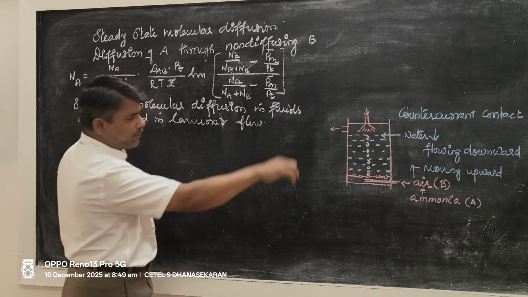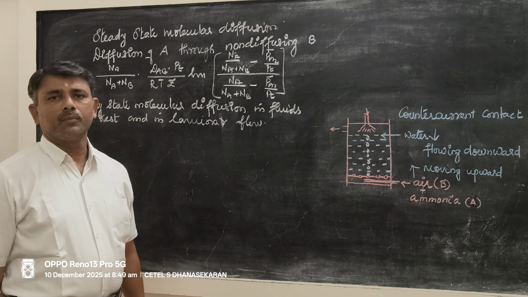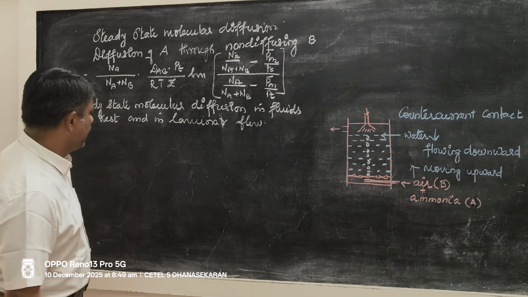Clear? This is the fundamental equation. From this main equation, I am going to derive the expression for steady state molecular diffusion, diffusion of A through non-diffusing B. For that, we have to derive the relationship between NA and NB.